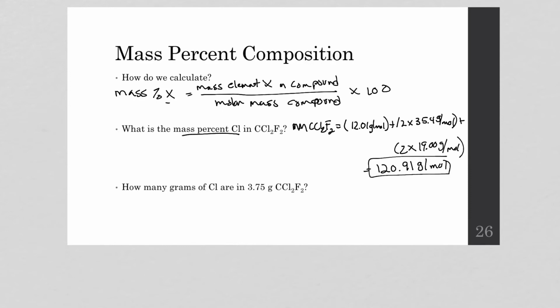So now I can write out my equation for the mass percent of chlorine, and it equals the mass of chlorine in my compound CCl2F2 divided by the molar mass of CCl2F2 times 100.